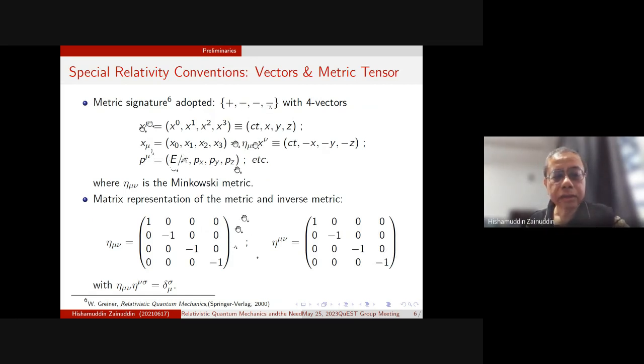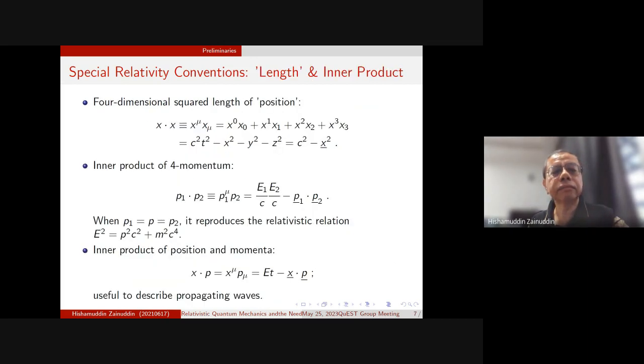What else one needs for this is the idea of inner product. Just like if you think of your kets and bras, you take a ket vector and multiply by your bra vector, you get an inner product, which is a generalization of your dot product.